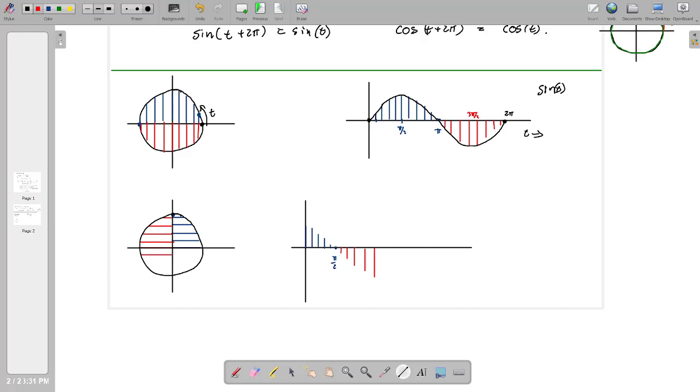And then we start shrinking again. And then at 3 pi over 2, we hit the x-axis again because we get a 0 for our x. Our horizontal distance here would be 0. And then we go back to being positive x values. We have then something like this, and we reach back up to +1 here at 2 pi. We're going to end up with something that looks like this.